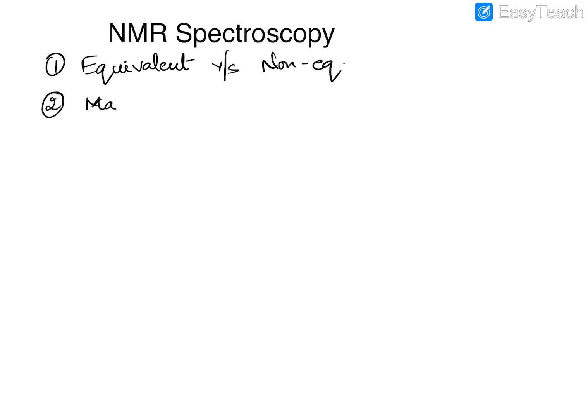Okay, to sum up this discussion, what we've done so far is we've established what are equivalent and non-equivalent nuclei, and we furthered this discussion by taking it one step ahead and saying that equivalent nuclei can either be magnetically equivalent or chemically equivalent, and what is the difference between them.